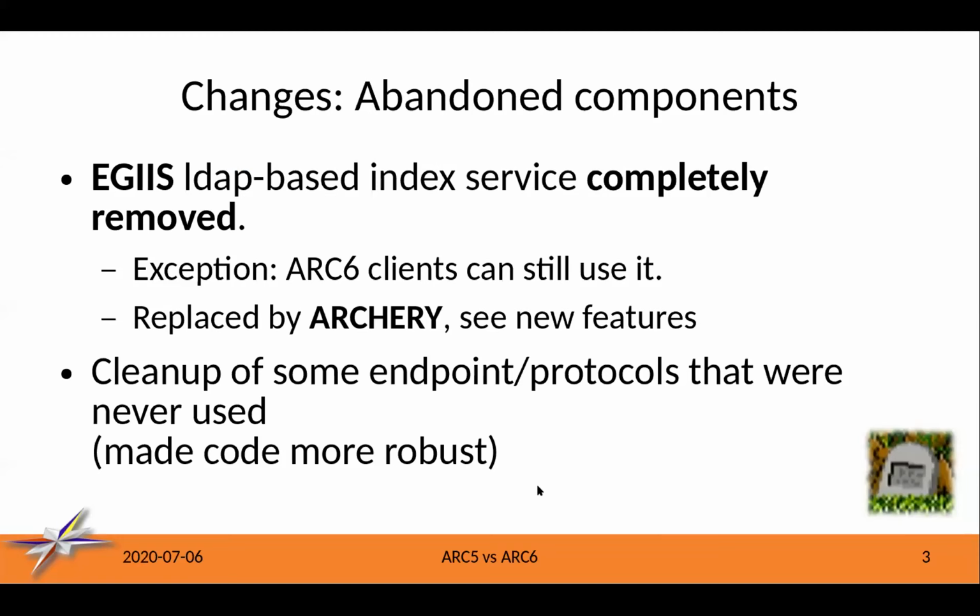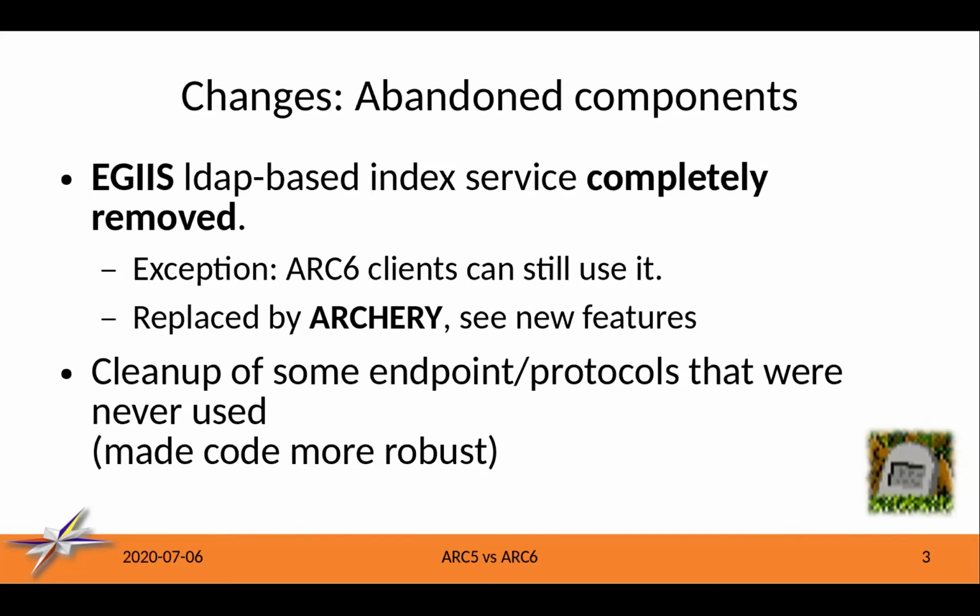So these are things that were in ARC5 and we decided to remove from ARC6, so they will not be there any longer. One of those is a thing called EGIIS, which was an LDAP-based index service for discovering ARC-CEs. And this has been completely removed, except for the clients that can still, ARC6 clients can still search into it for backward compatibility, but otherwise we do not support it.